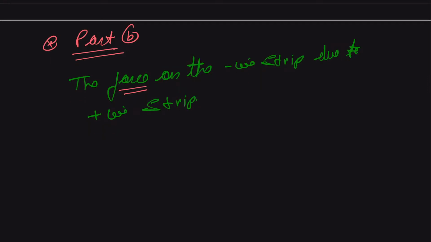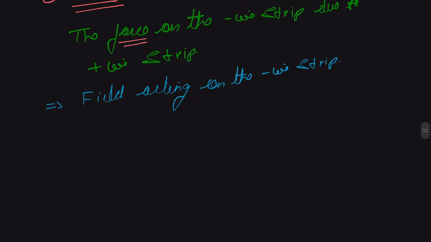And so we are going to find out the field acting on the negative strip, and we are given that our positive strip varies from minus b to 0.